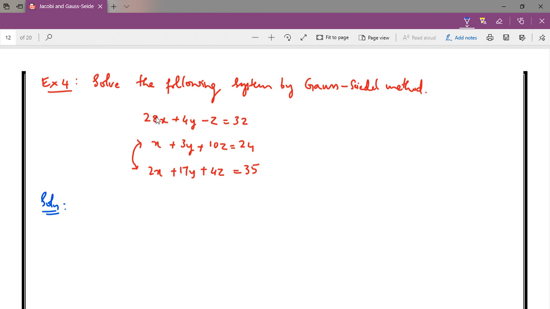Here the diagonal elements are not dominant. In the given system of equations, the coefficient matrix is not diagonally dominant.